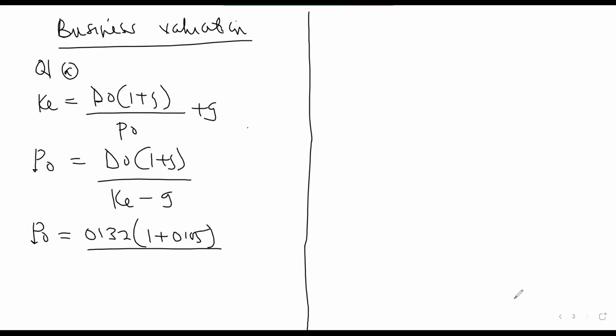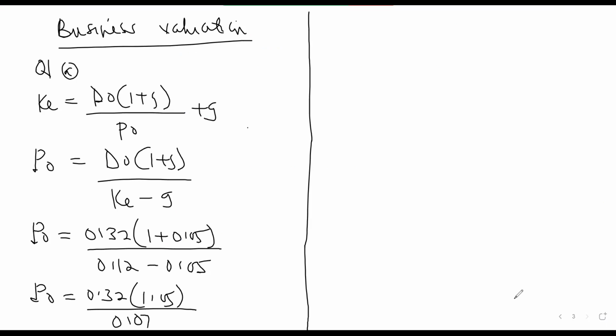What is the cost of equity? 12%, minus the growth, 0.05. So your P0 will now be equal to 0.32 into bracket 1.05, all divided by 0.07. Okay, let's get the total answer.